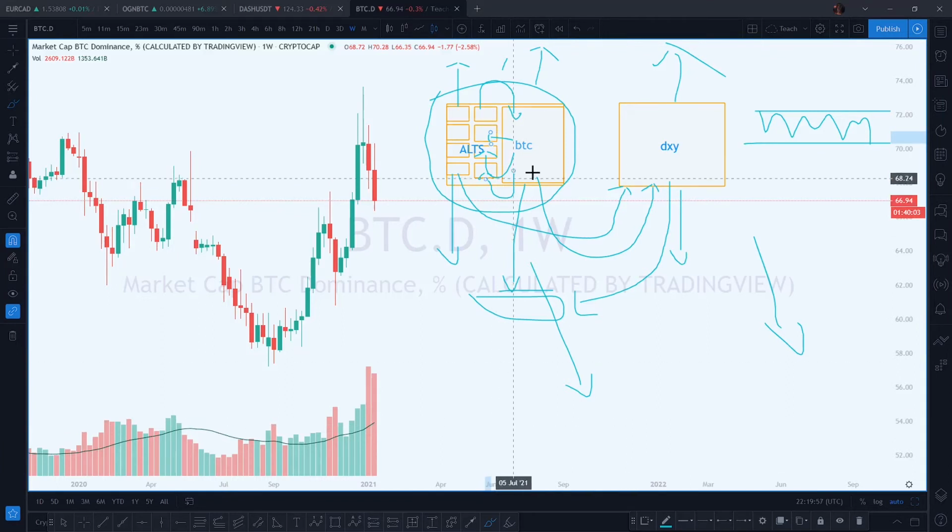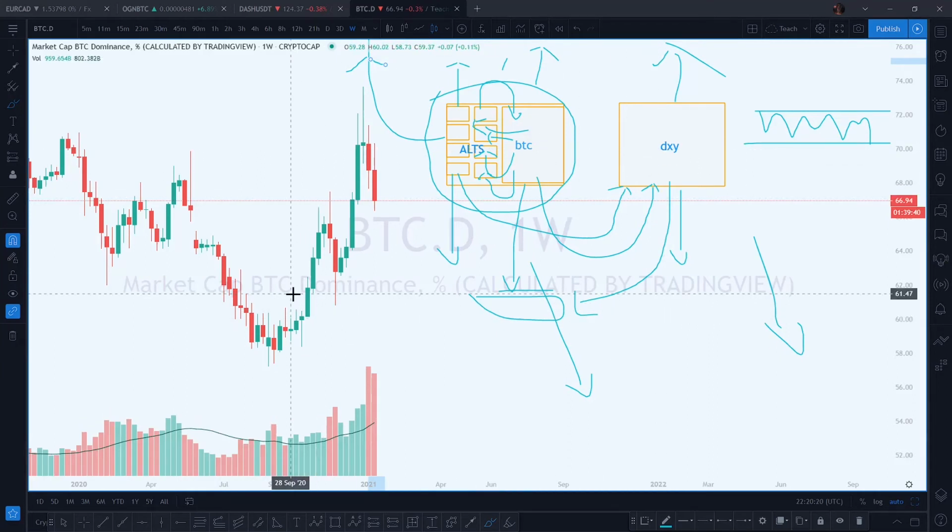Dominance will drop at this point too, but the money dropping from Bitcoin is not going to USD, it is rather going into altcoins. And that is when we have the alt season, and alts just rally uncontrollably. That is for the BTC USD pair and then the BTC dominance pair.